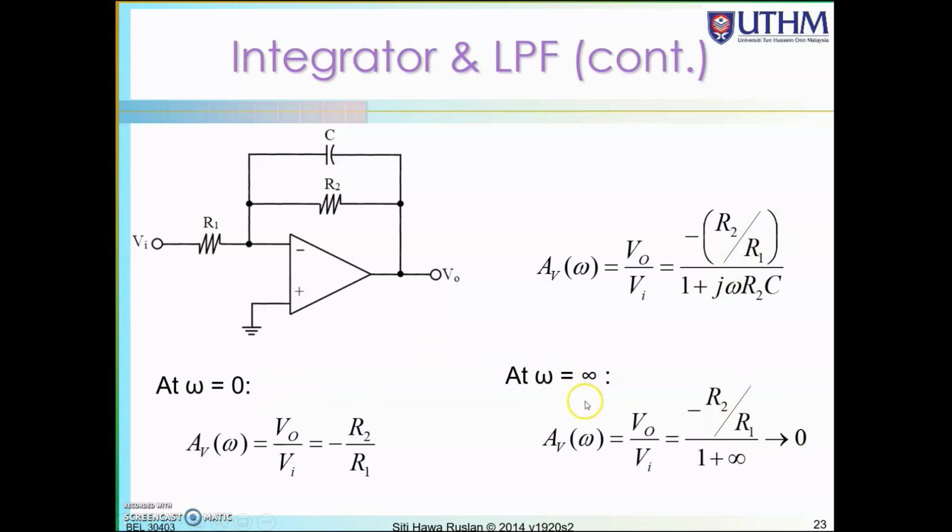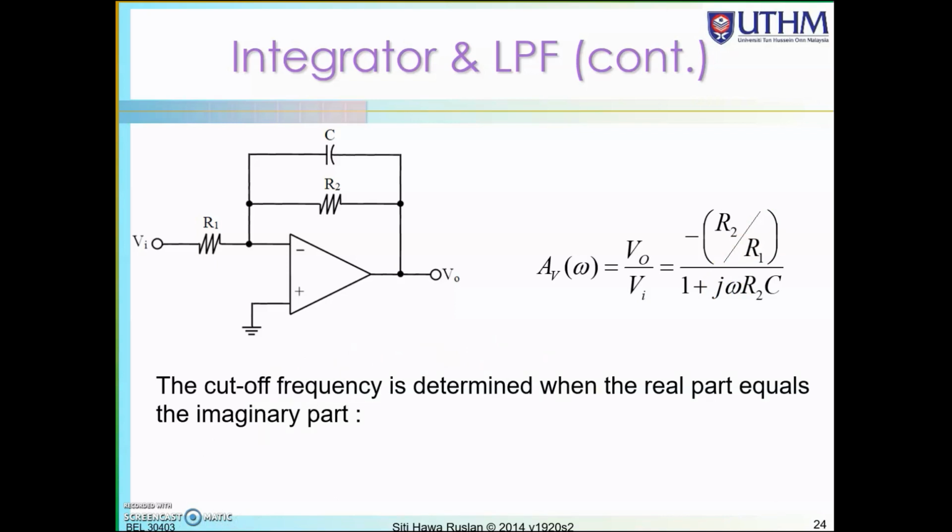So from 0 to infinity, you get the behavior of the low pass filter. At a very low frequency you get a gain, and at a very high frequency you don't get anything, because after the cutoff there is no more gain. So the transfer function describes the behavior of the circuit.